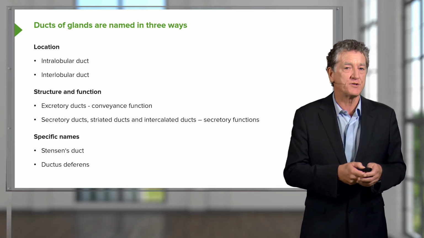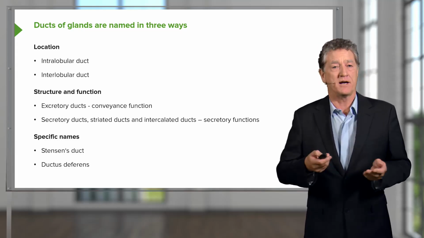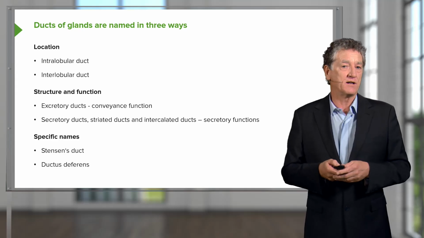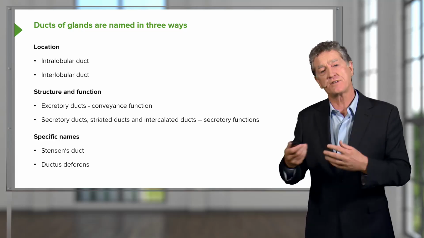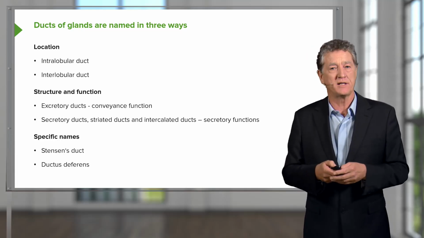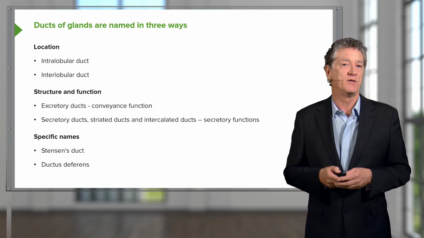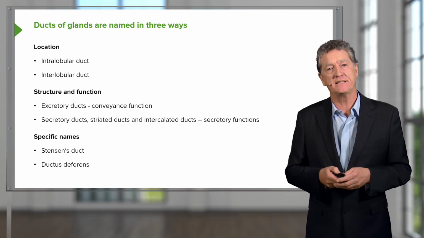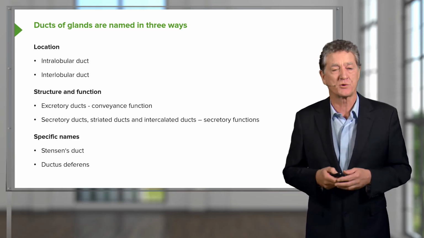Absorption of material or secretion of material. And in glands you will often see ducts we term striated ducts or intercalated ducts, particularly in serous secreting or protein secreting glands. Remember, these striated ducts and intercalated ducts are really involved with modifying the secretion product.